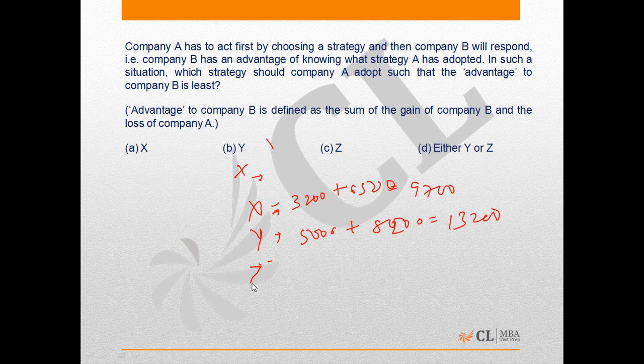In case A adopts strategy Z, then the advantage of B will be maximum when it adopts strategy P, and the advantage will be 4,800 plus 7,700, which is equal to 12,500. From these three figures, it is clear that A should adopt strategy X in order to give minimum advantage to B. Therefore, option A is the correct answer.